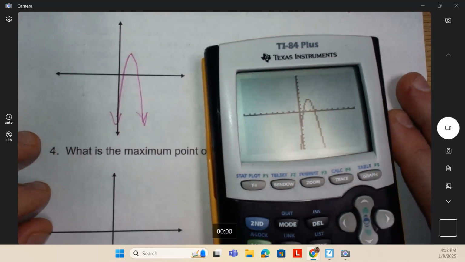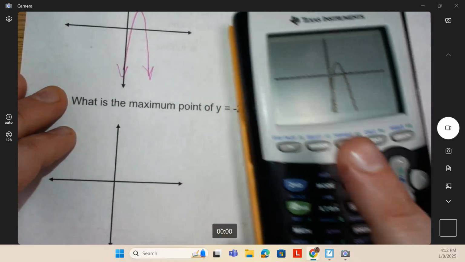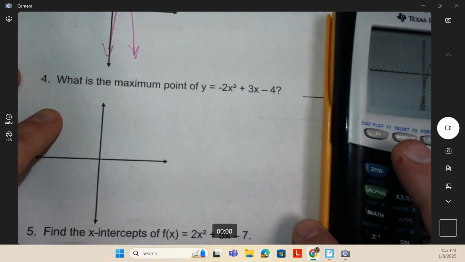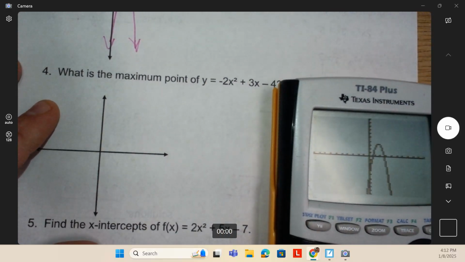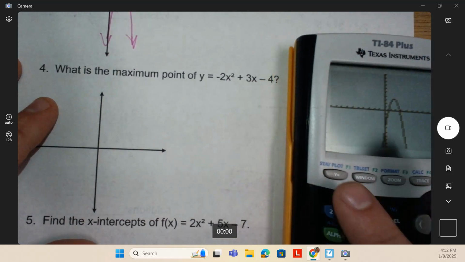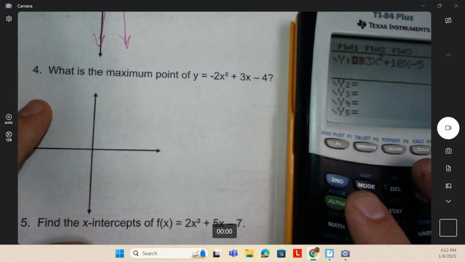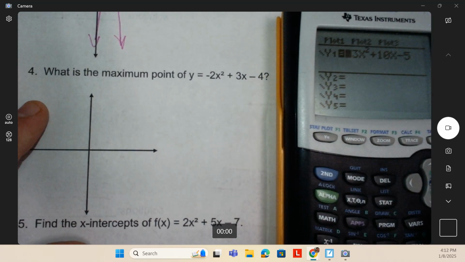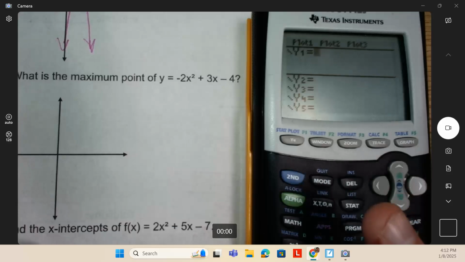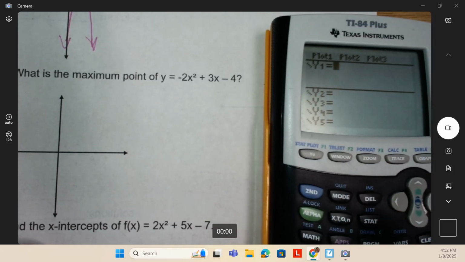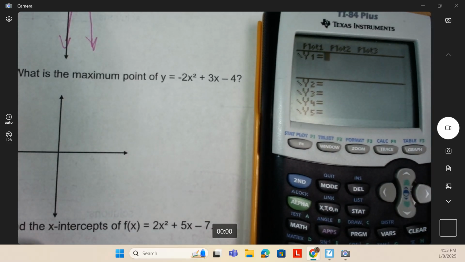Okay, the last thing we'll look at, you can use this to find the maximum of this. So since it's negative, I know it'll be upside down. But again, we'll put it in for this. So in the calculator, I'd put negative 2x squared plus 3x minus 4.